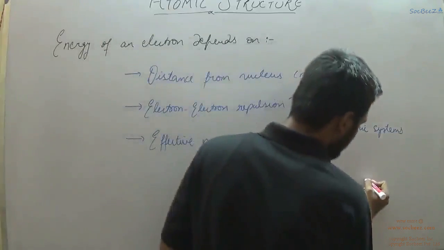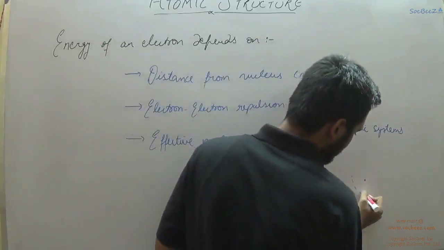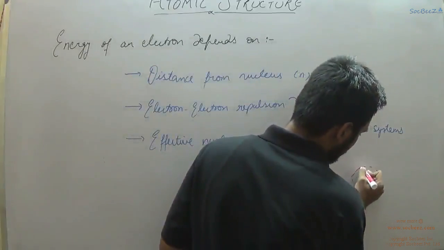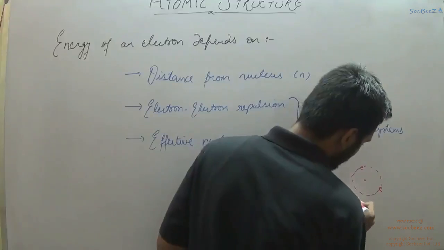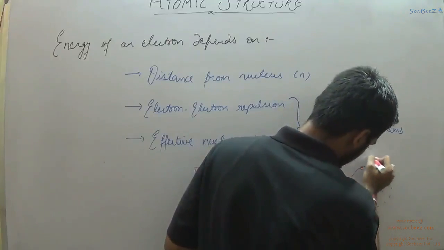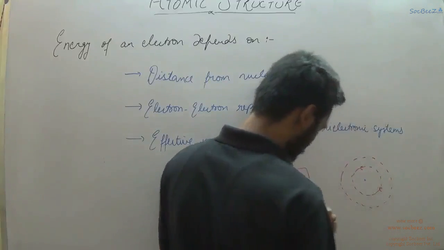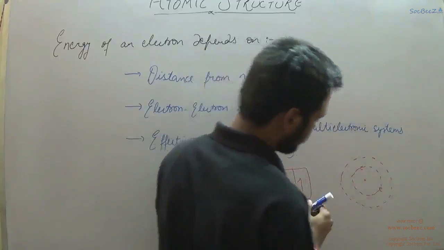Suppose this is the nucleus and this is the 1s orbital in which 2 electrons are there, and this is the 2s orbital, in which also 2 electrons are there.